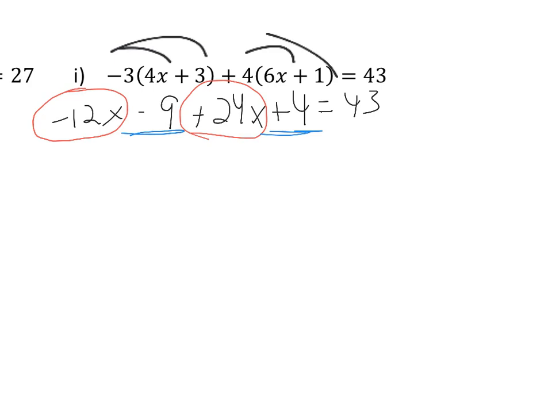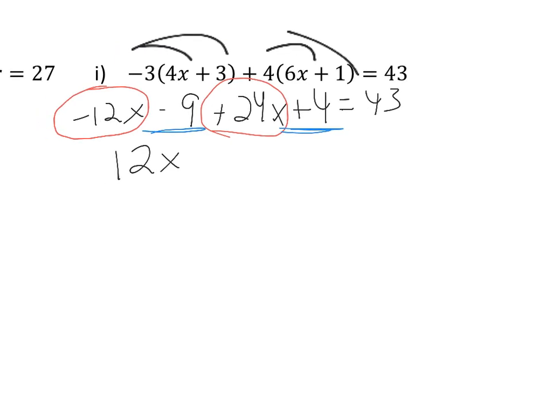So now I'm just going to clean up the stuff on the left side of the equal sign. I'm just going to combine any like terms that I can. So negative 12x plus 24x gives us a positive 12x. Negative 9 plus 4 gives us a negative 5. So everything on the left side is cleaned up, so now I have equals 43.